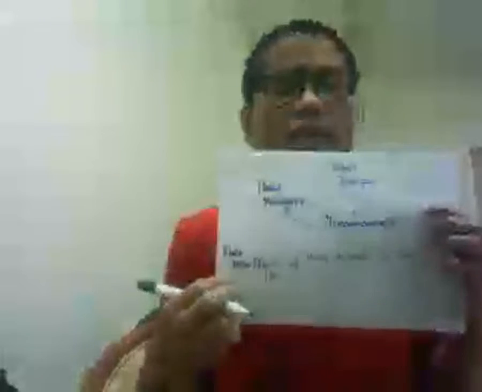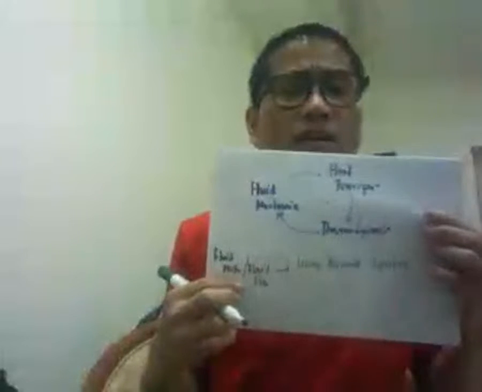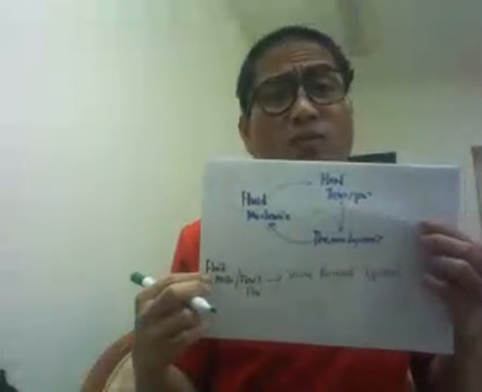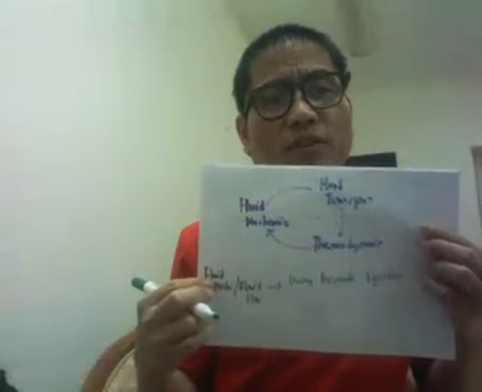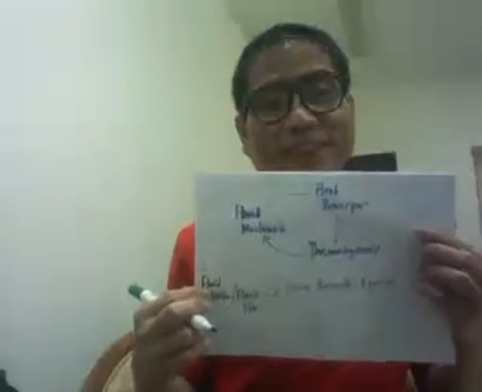And then in this fluid mechanics or fluid flow, this is related to momentum transfer, whose driving force is the velocity gradient, the velocity changes. So this is the parent equation. We have the pressure P plus 1/2 density v squared plus density g h equals a constant. This is equation number 1.